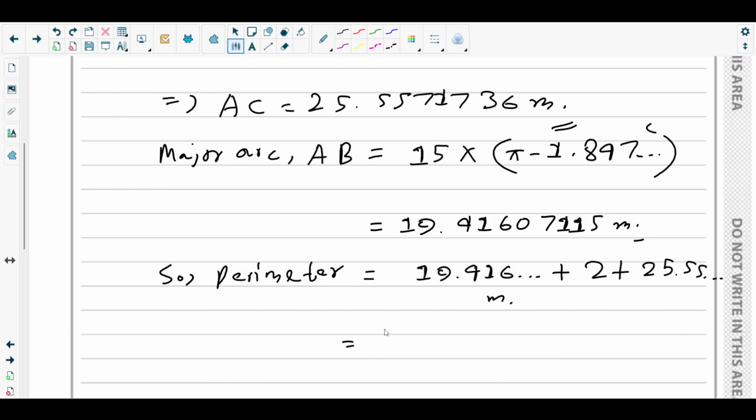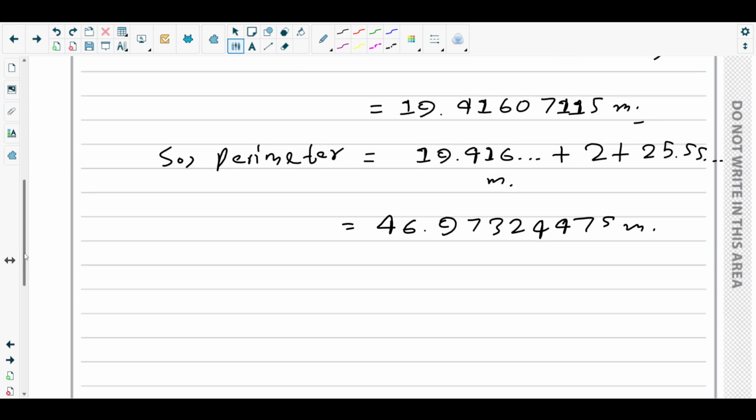So the total length, you will get 19.416 dot dot dot plus 2 plus 25.5571736. The total is 46.973244755 meters.